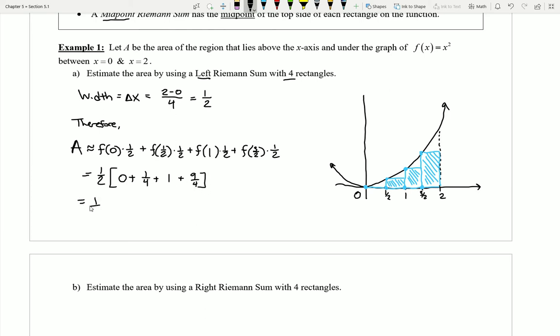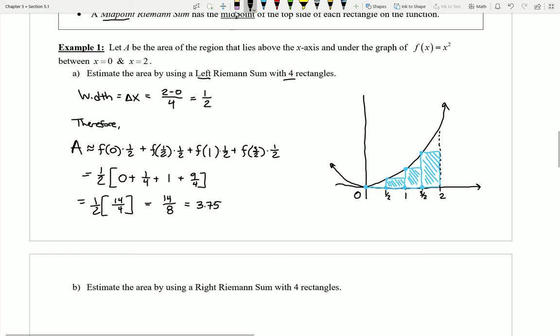So notice that I could simplify this just a little bit more. Let's see, I'm going to have 10/4 in there. I think this is going to be a total of 14/4. Or if I was to compute this, this would be the same thing as 14/8. Or you could probably approximate this as a decimal value of 3.75. You could double check me on that, but I think that's going to be good.